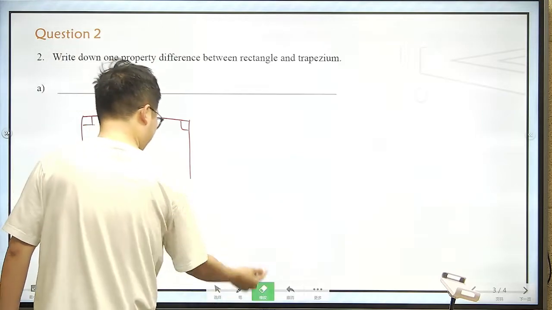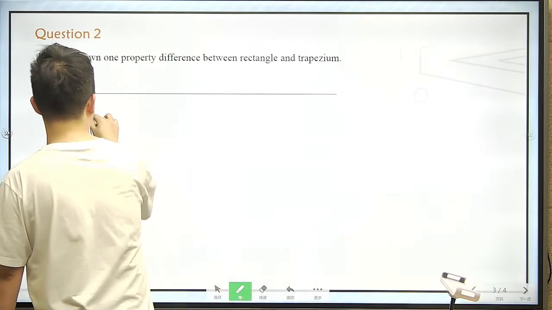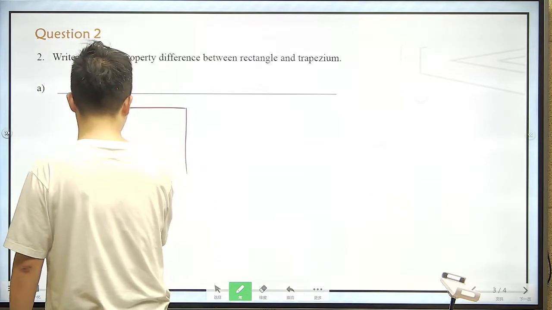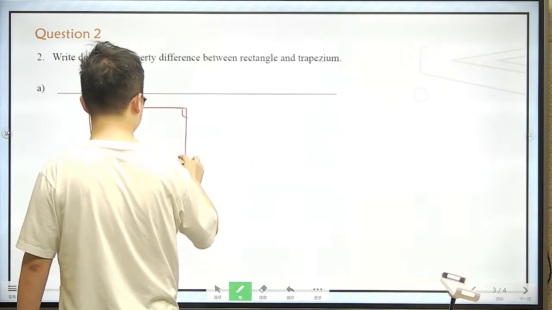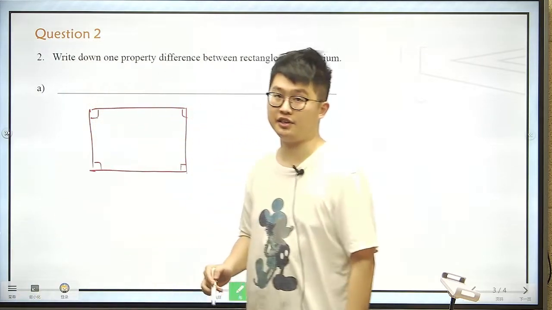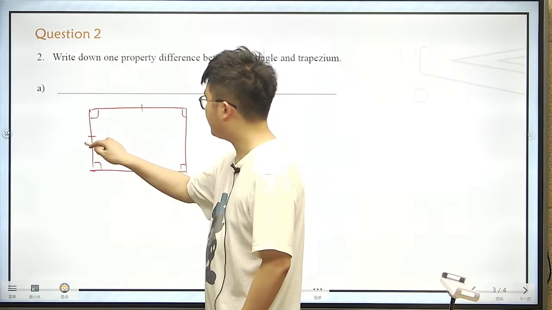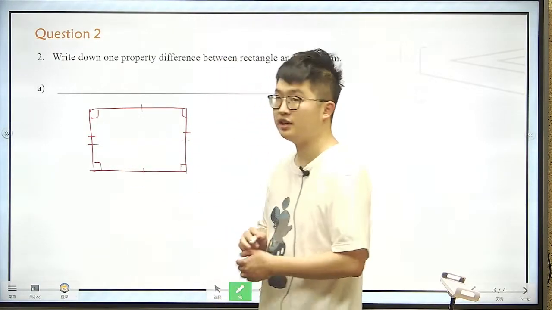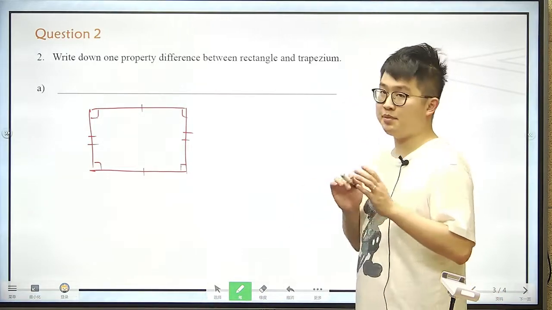Let me do this again, and this time maybe a little better. Something like this. And we know that this side is equal to this, and this is equal to this. So this is a rectangle. And what about the trapezium?